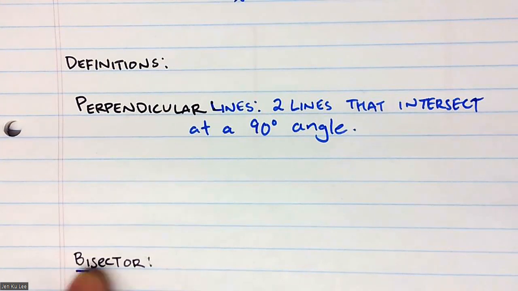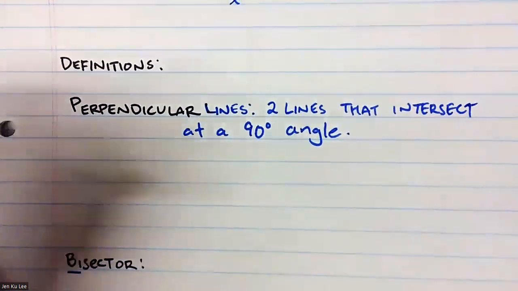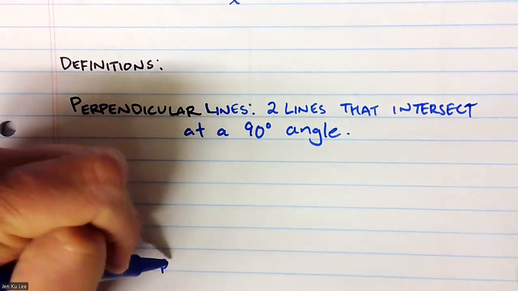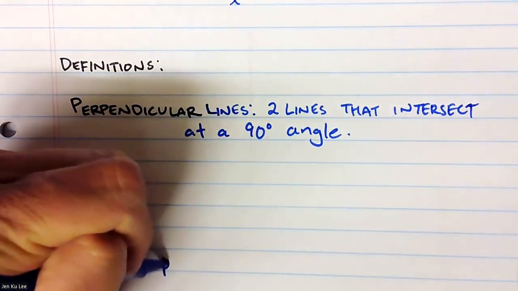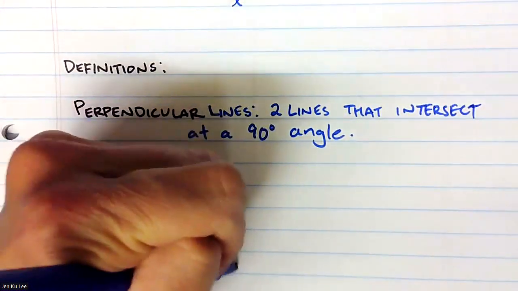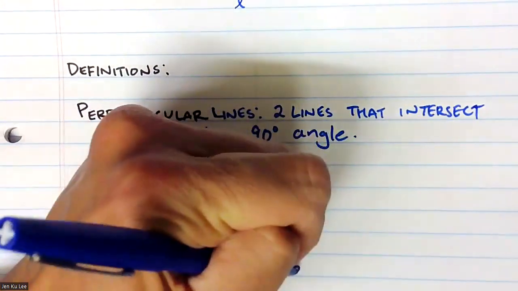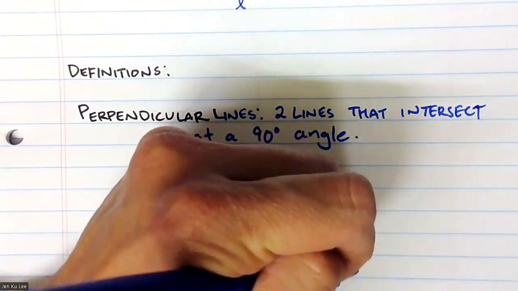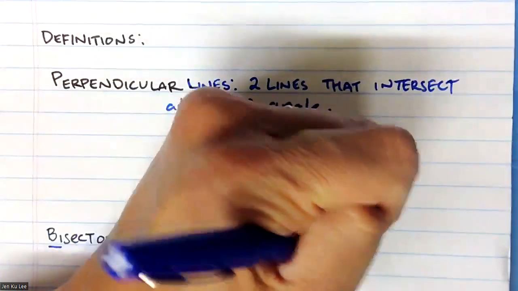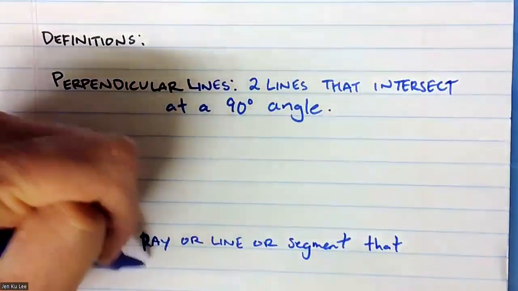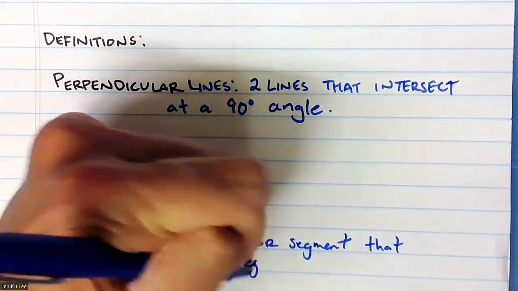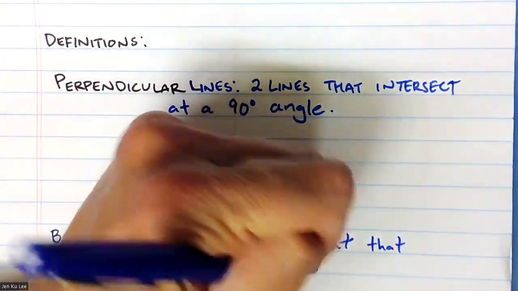So a bisector is something that can be a point, or a ray, not a point, a ray, line, or segment that cuts the segment in half.